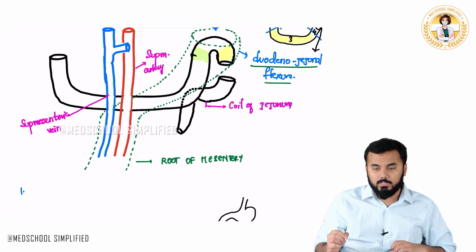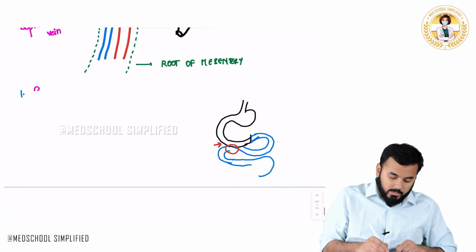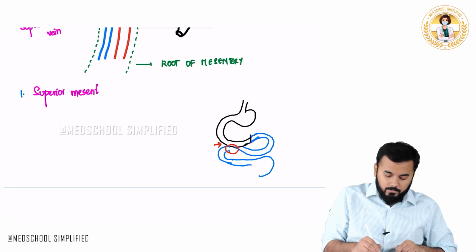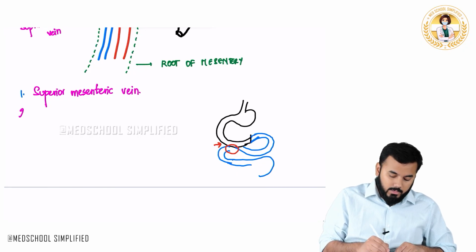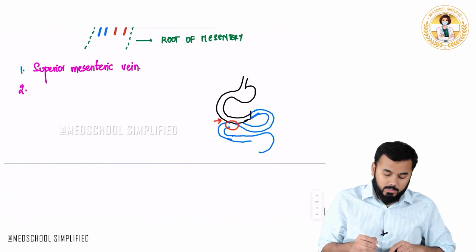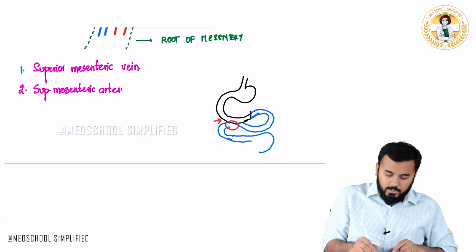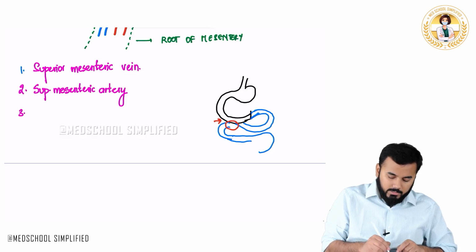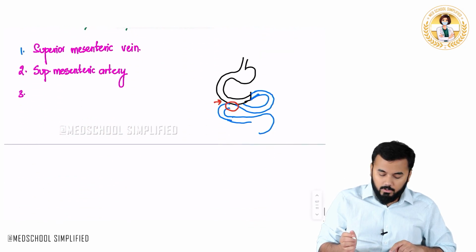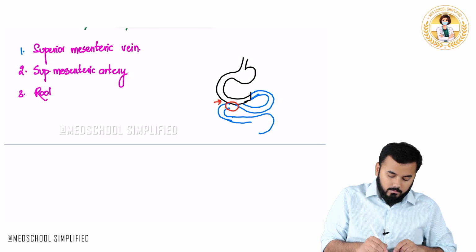So let us write down all these things here. The first important thing is superior mesenteric vein. Second important thing is superior mesenteric artery. Third important thing is the root of the mesentery.